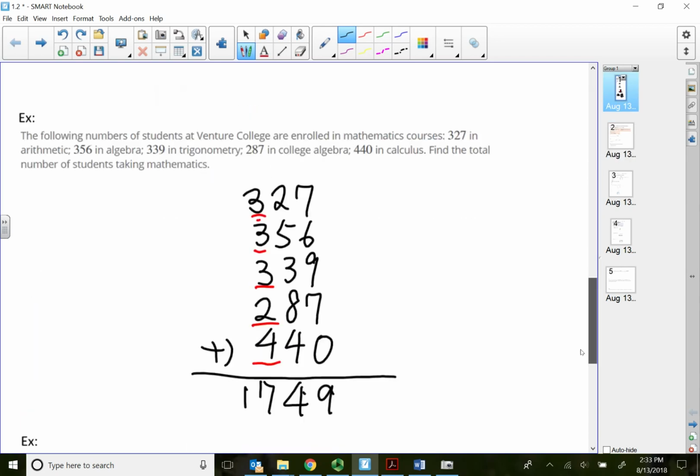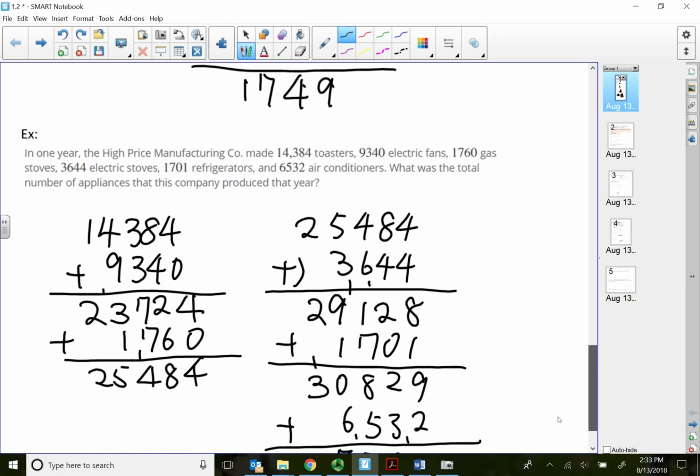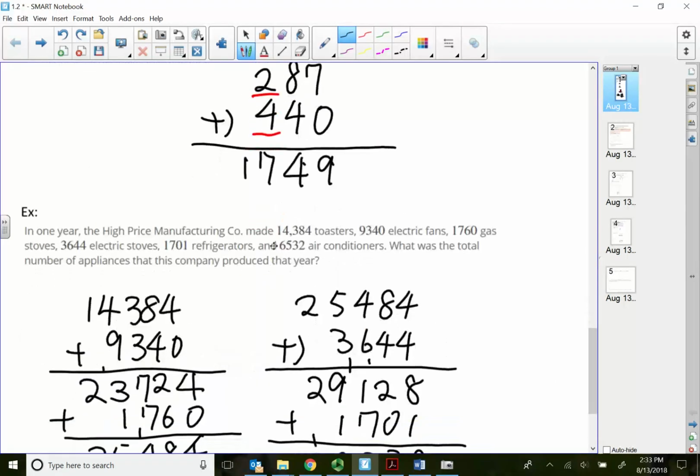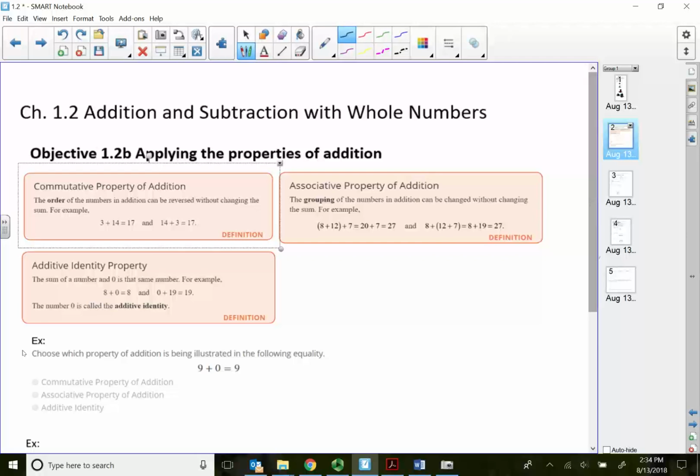If I want to, rather than having the 14,284 on the top, I can actually put 9,240 on top of that and add the 14,000, and the answer will still be the same. So that will be commutative property, allowing me to swap the order of my numbers when we add.